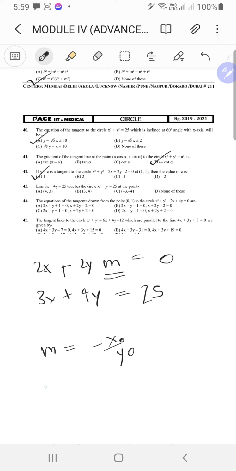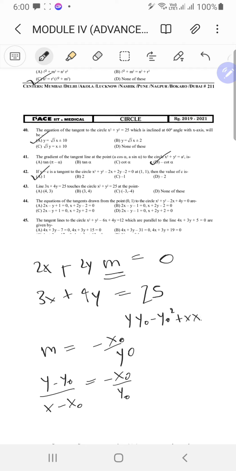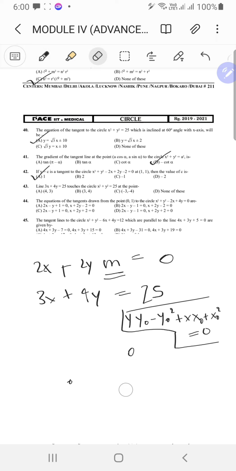So the complete equation should actually be y minus y naught upon x minus x naught equal to m, which is minus x naught upon y naught, which means it's y naught y minus y naught squared plus x naught x minus x naught squared equal to 0. Nice. So this should be the equation of the tangent, and I'll just compare this with 3x plus 4y equal to 25. And that's how we're going to get our x naught and y naught values.